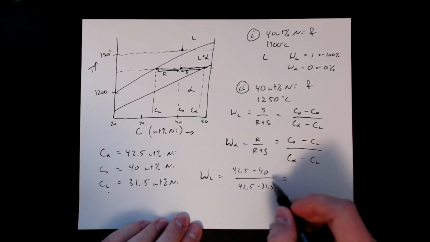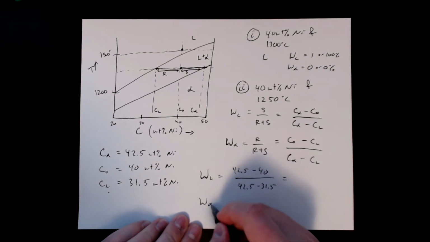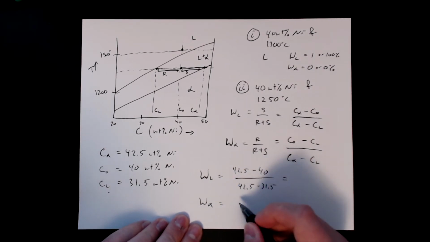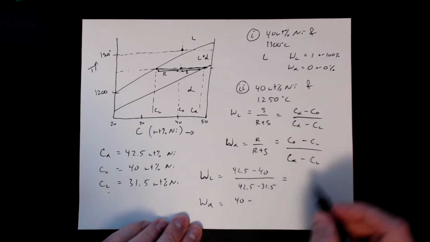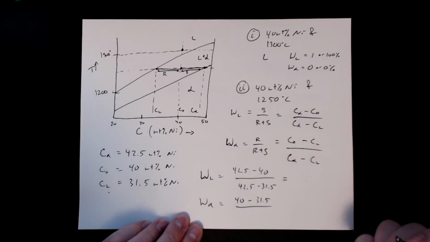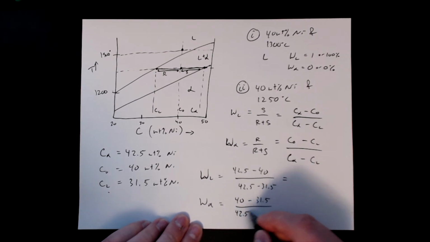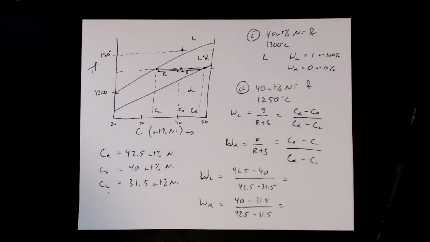Sorry. So we'll plug this one in, right? And then we'll get our weight fraction. And then same thing for alpha. If we plug that in, we'll get 40 minus, so here 40 minus 31.5 and 42.5 minus 31.5. So let me go ahead and calculate that, and I'll come back and give you those numbers.